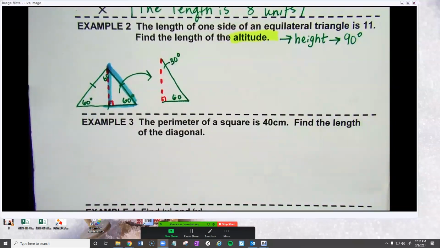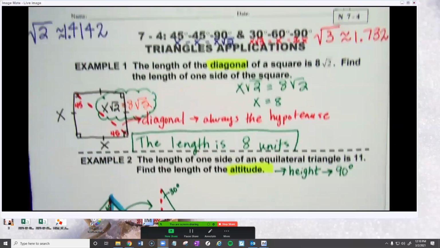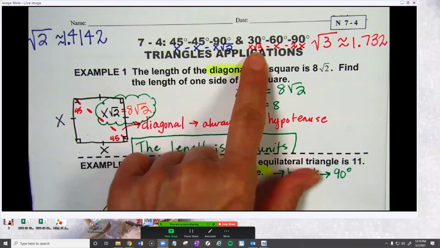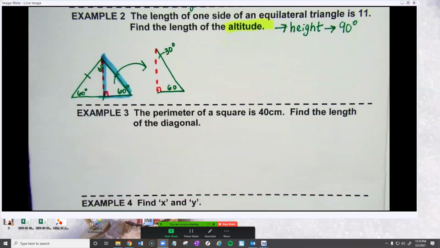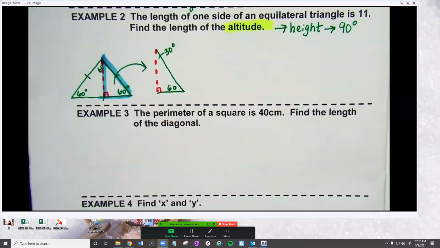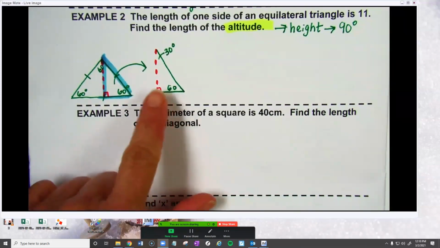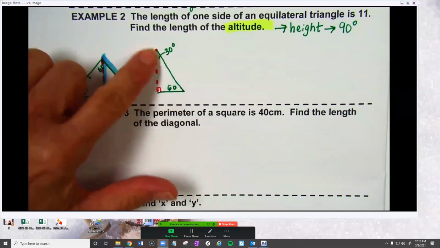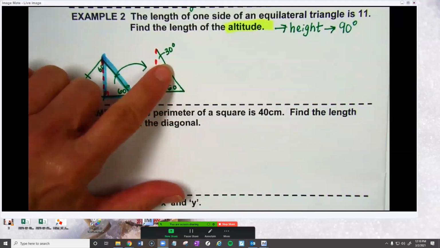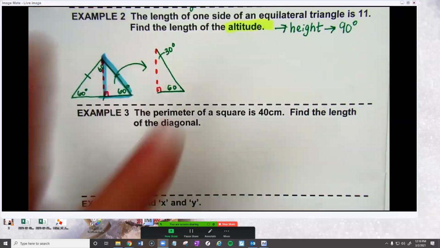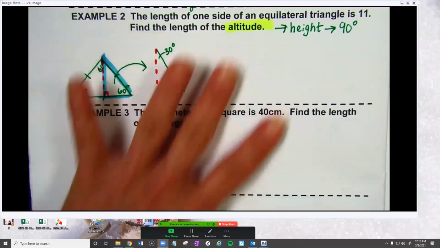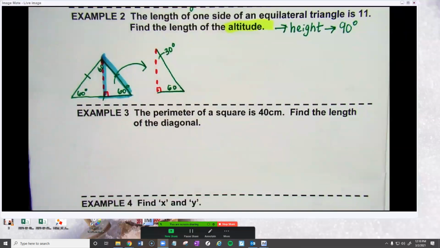So we're going to go back and look at this setup that we wrote: x, x root 3, and 2x. See where the 30 degrees is? The x root 3 has to touch where the 30 degrees are. However, where's the hypotenuse on this?